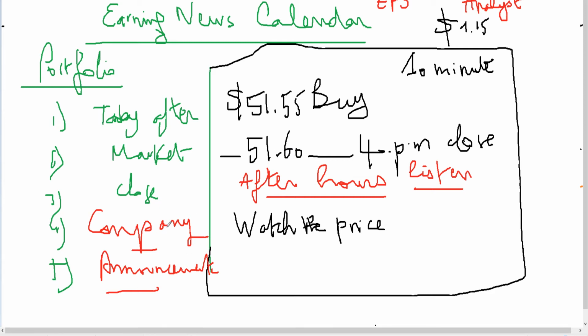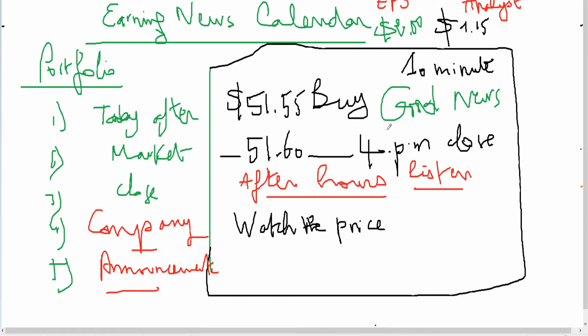Now, when they announce, let's say they announce it is $2. It is something so good. Since the company said earning per share is $2, and the analysts said only $1.15, it means in general it is good news. So with this good news, the stock will go up.